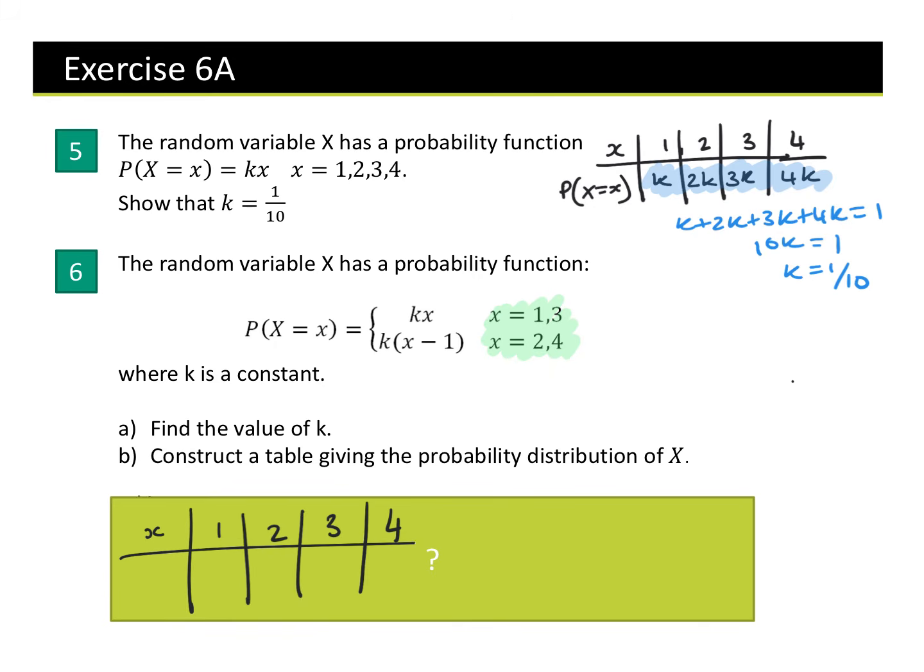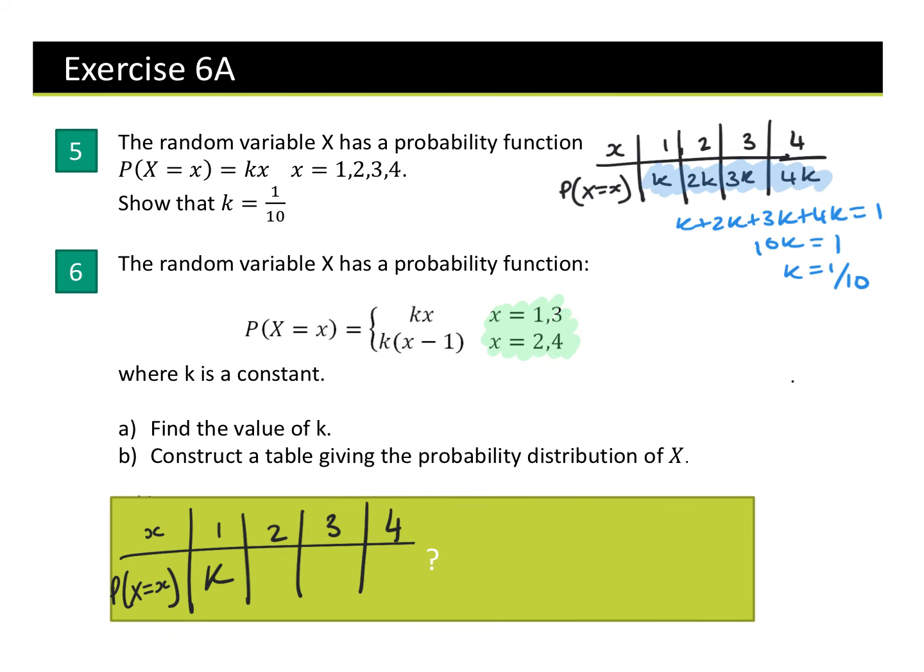Then, to find out the probability of the outcome equaling our specific value of x. If I want to know what the probability is when x equals 1, my 1 is here, so I have to use this formula. This is k times 1, which is k.